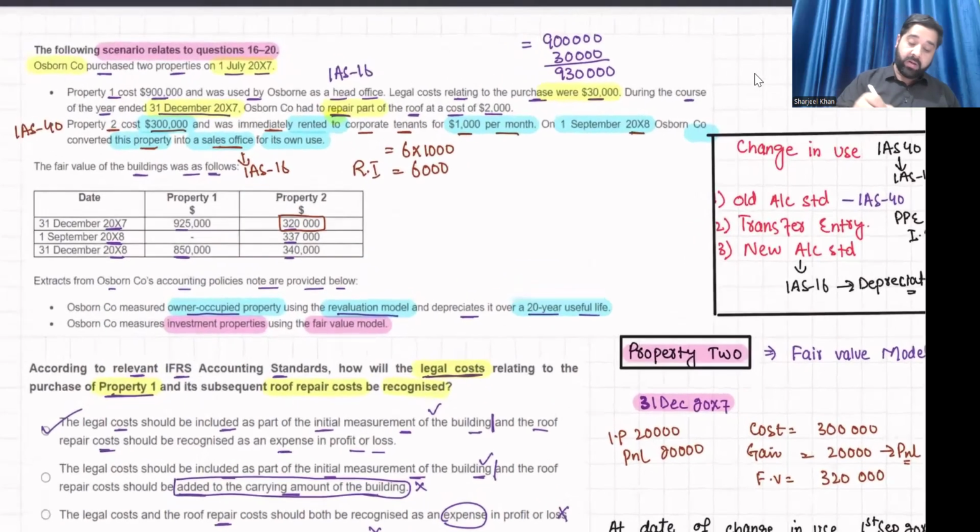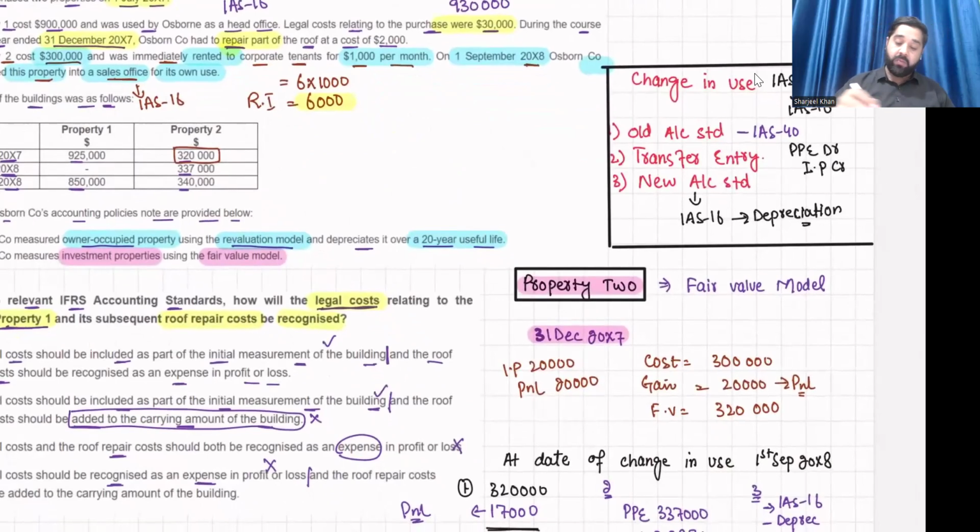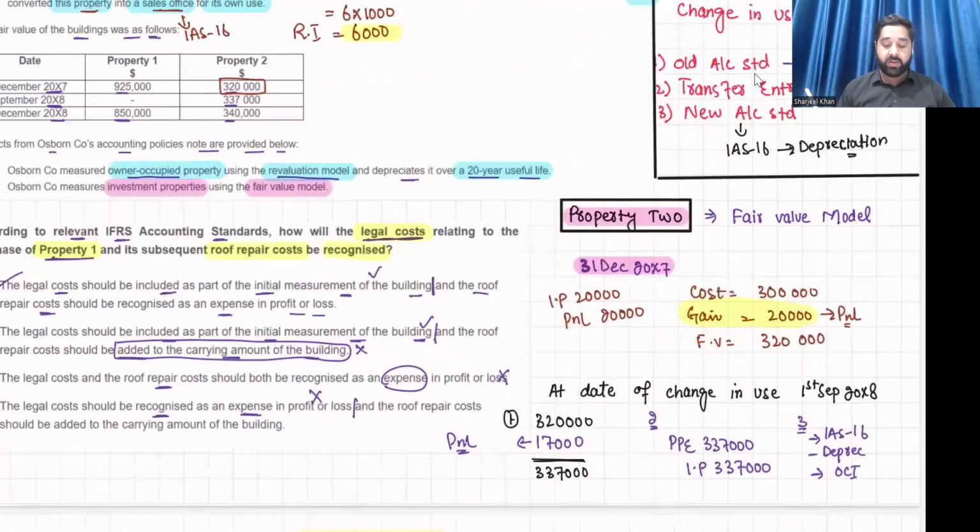So here, the rental income, which I already calculated for you guys, is $6,000, because the property was purchased during the mid-year on 1st July, and the year end for the company is 31st December. So a rental income of 6,000 should be recognized as income in the statement of profit or loss. And the upward revaluation already calculated is 20,000, and this 20,000 should also be recognized as income in the statement of profit or loss.